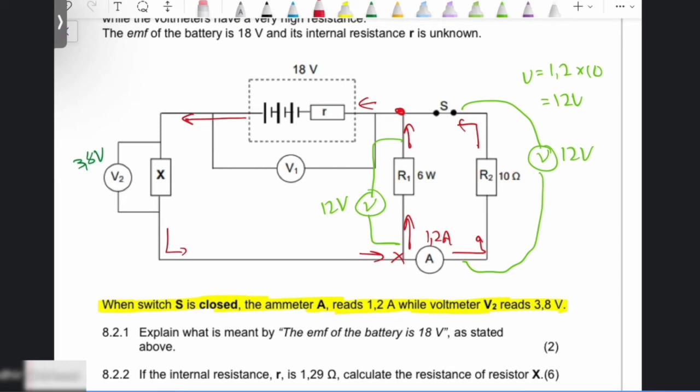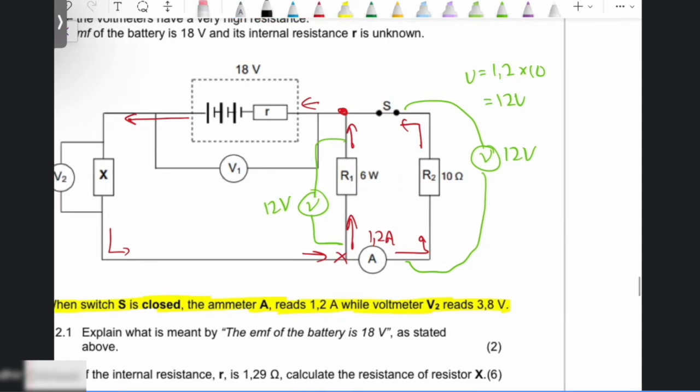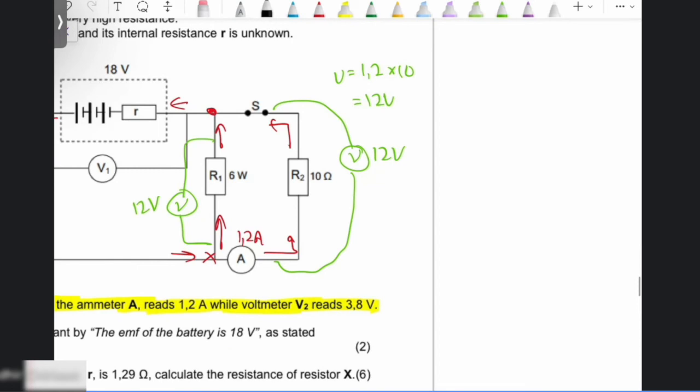We can also then figure out what is our current flowing here. What is our current flowing there? So our current in R1 is going to be how much? Here we're dealing with power. So power is equal to VI, right?